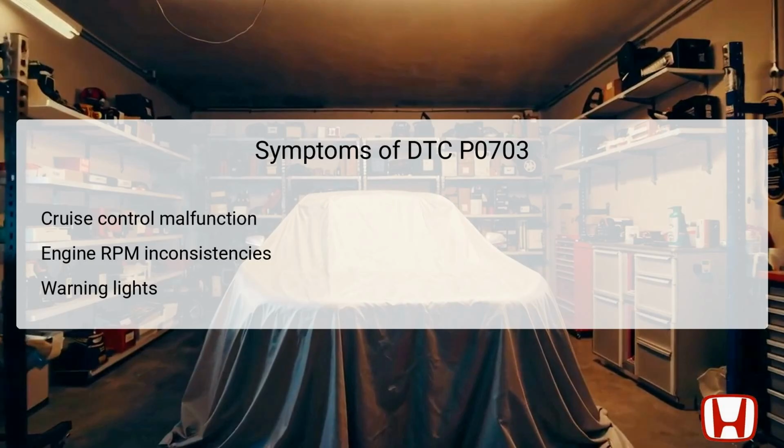Additionally, warning lights on the dashboard, such as the check engine light, may illuminate, indicating the need for diagnostics. These symptoms not only affect driving comfort, but can also lead to complications in vehicle safety and performance. Therefore, should any of these symptoms occur, taking immediate action to diagnose DTC P0703 is essential.